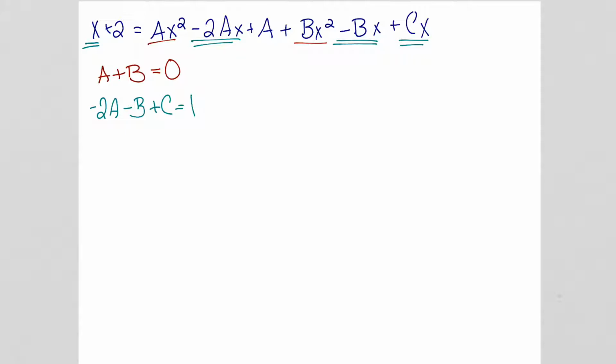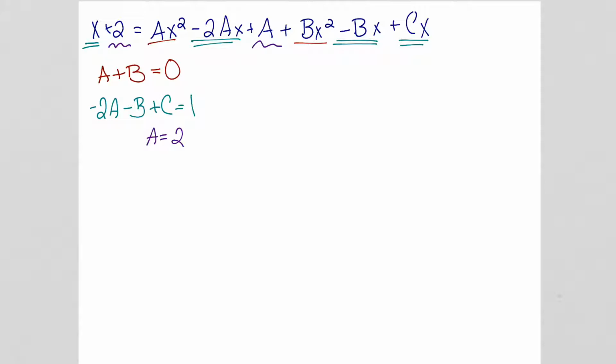And then last, our constants. All we have left there is a equals 2. Okay, so we have our system of equations. This one's going to be a little bit easier to solve because we've already got a, and then up here we've only got an a and a b, so we'll be able to solve it pretty simply here.